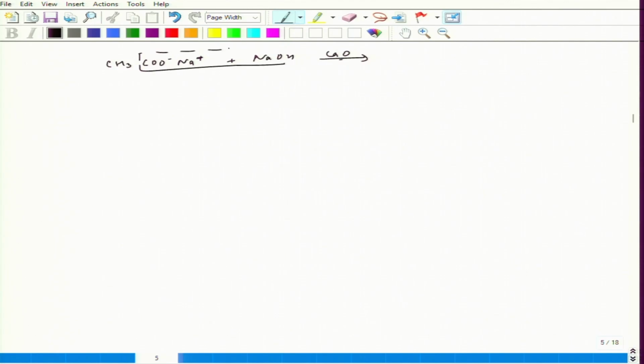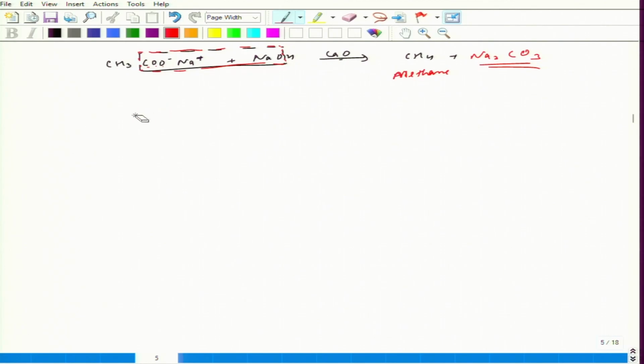This moiety is removed and it forms CH4, and this other moiety, CONa with NaO, gives Na2 with 1 carbon and 3 oxygens, CO3. So, that is how the sodium carbonate is released and the alkane is formed. So, this forms methane. We can use some higher salts also.